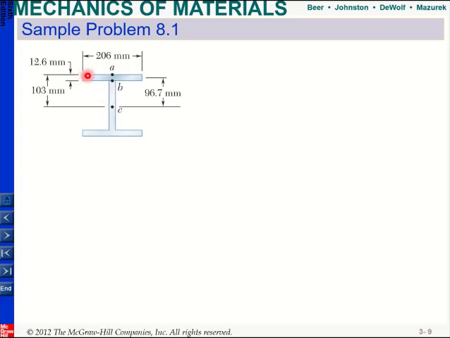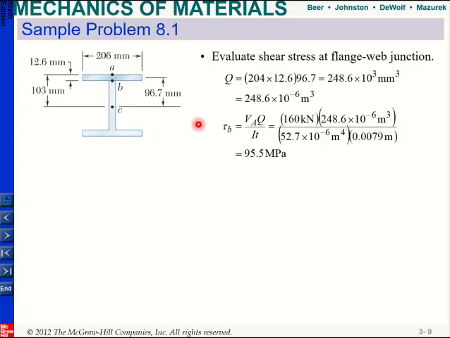In order to find Q, I need to find this area above B, and I need to find Q of that area with respect to my C. If you do that, I need to find this area, which is, it's a little bit different, but I guess 206 times 12.6.